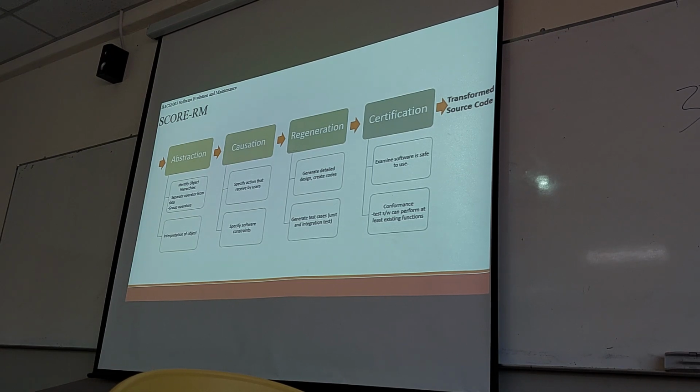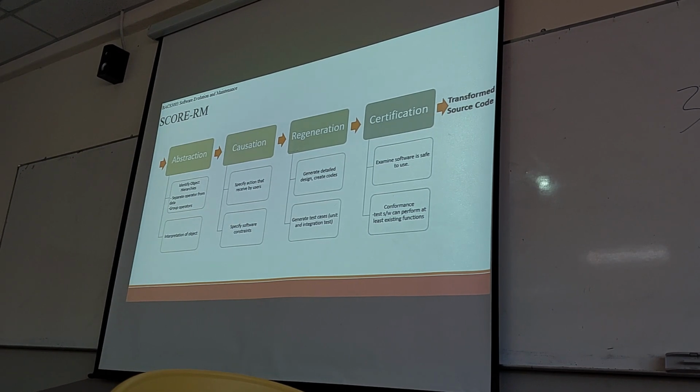Interpret the object means that when we identify those objects in the existing system, we try to map these objects to the program domain. Understand? Make sure that these objects really suit this domain or not.